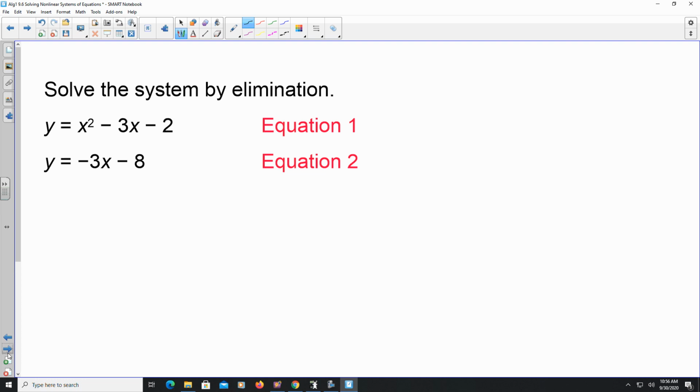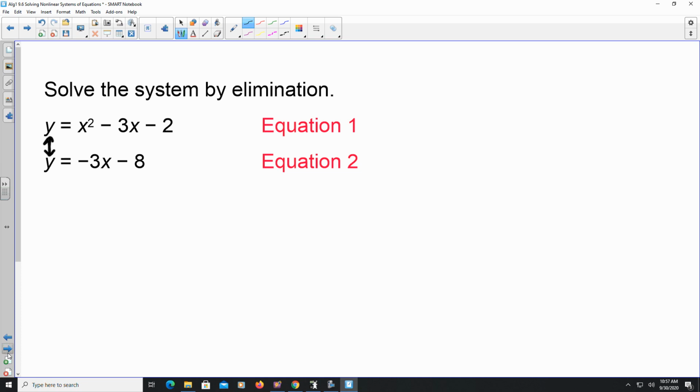For this particular one, they are asking us to use the elimination method. All right, so what you have to do in order to solve it using the elimination method is you need at least two variables that have the same coefficients, or at least we can get the same coefficients. If you notice here, we have y and y, their coefficients are both 1.